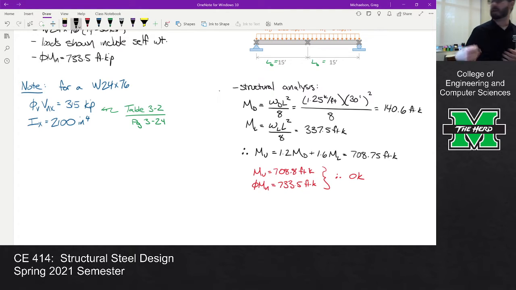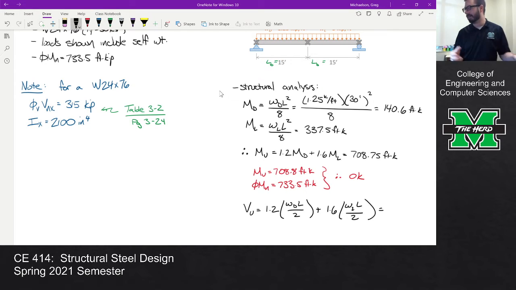Now for the shear, we do the same thing. Now what I'm going to do is this. I'm going to say for the shear, 1.2 times that plus 1.6 that. I'm just sort of compressing everything together. So, phi MN greater than or equal to MU. Exactly right. If somebody can do that faster than me. Oh, I have a typo there.